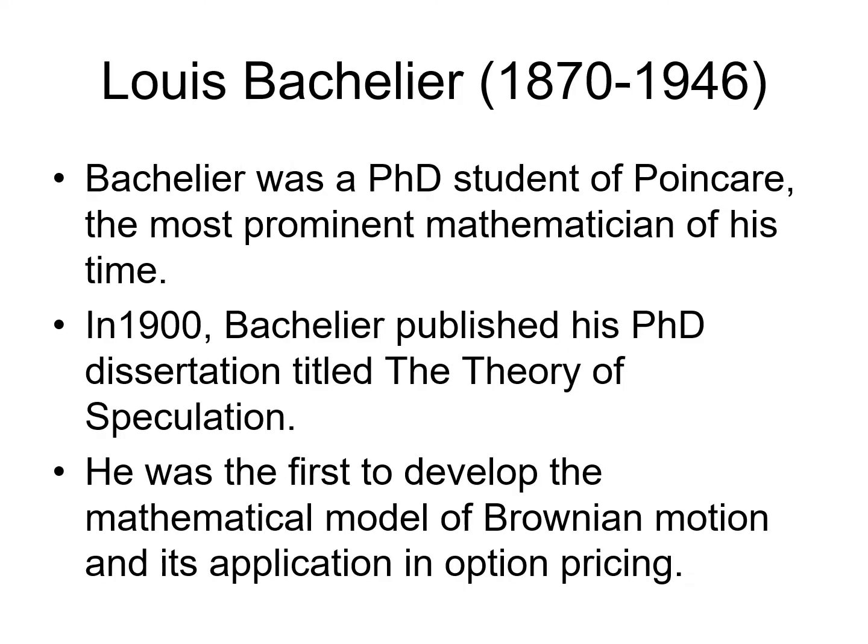Louis Bachelier. Bachelier was a PhD student of Henri Poincaré, the most prominent mathematician of his time. In 1900, Bachelier published his PhD dissertation titled "The Theory of Speculation". He was the first to develop the mathematical model of Brownian motion and its application to option pricing.